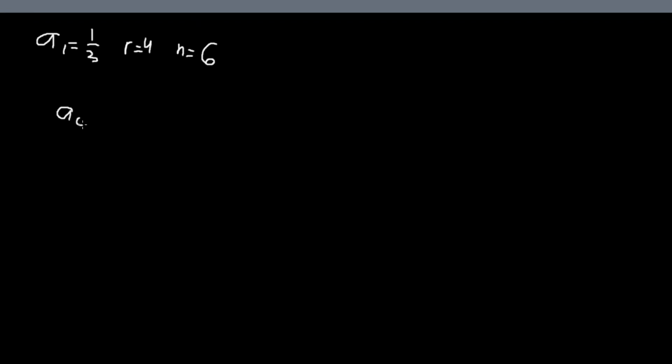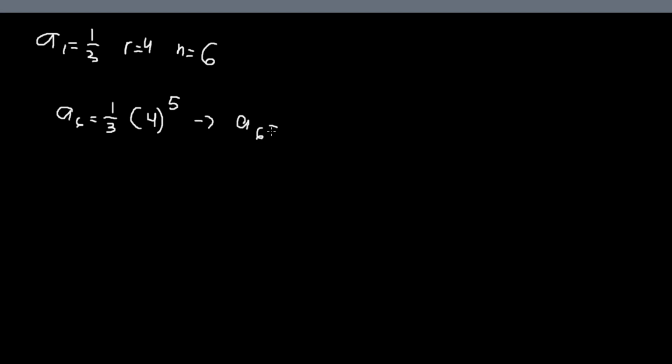So a sub 6 is equal to our a sub 1, which is 1/3, multiplied by our common ratio, which is 4, to the power of n minus 1, where n is 6. We can just mentally do this: 6 minus 1 is just 5. So 4 to the power of 5 is 1024.